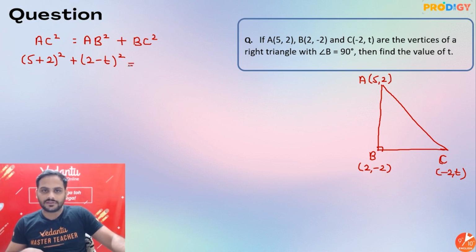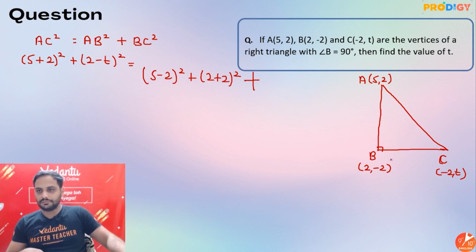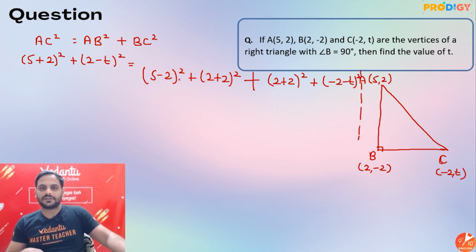AB whole square will be (5 minus 2) whole square plus (2 minus of minus 2) which is plus 2 whole square. Plus BC square: 2 minus of minus 2 is plus 2, and minus 2 minus T, whole square. This is the formula.